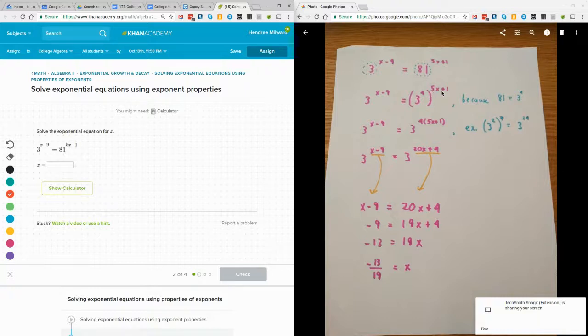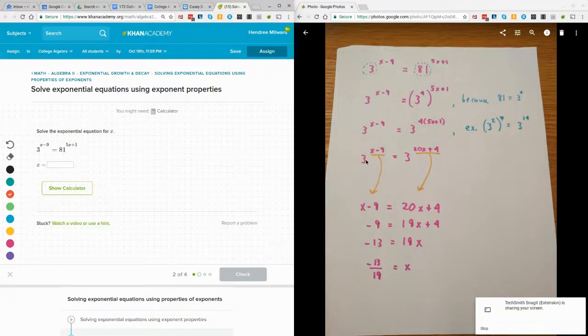Now we have a variable on here, but the principle is the same. I can take whatever is here and multiply it times this, which is just what I did over here. 4 times 5x plus 1. And yes, the parentheses are important, right? You don't just want to multiply 5x by 4. And for convenience's sake, I distributed here and got 20x plus 4.